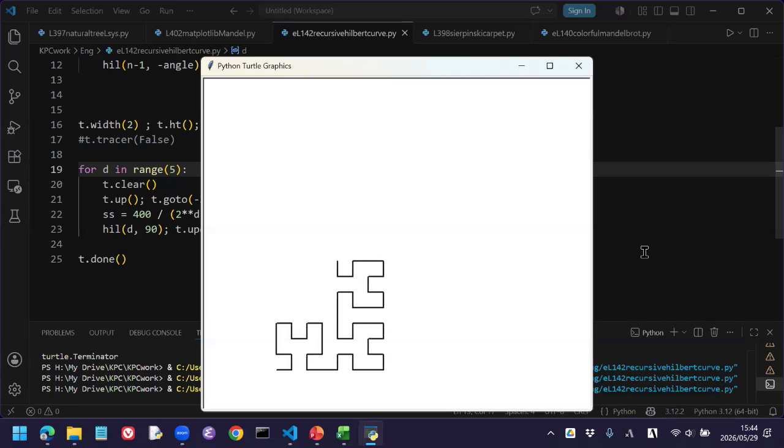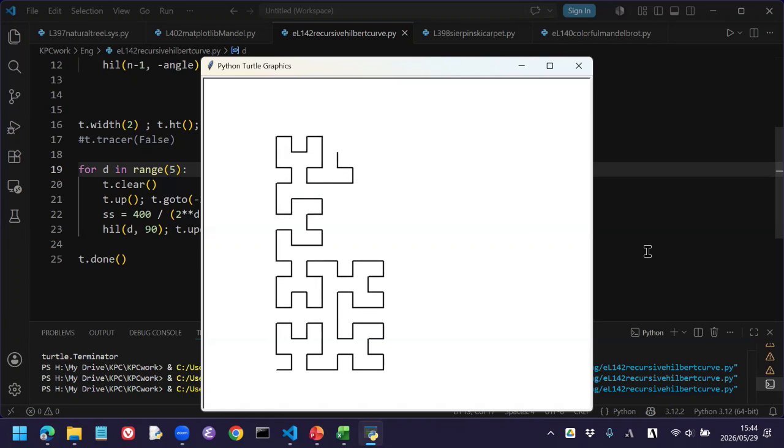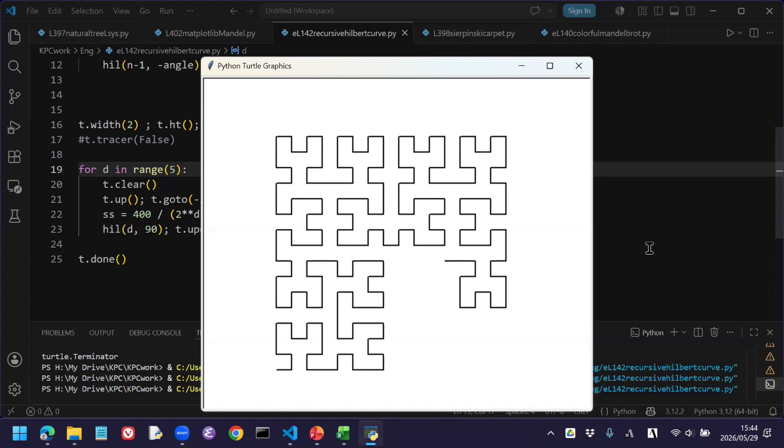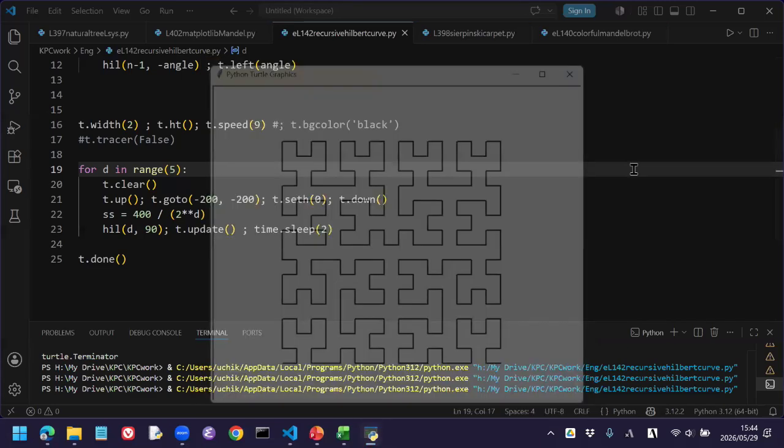Now it's working very diligently from left bottom, left up, and then left top goes to the right side, from upper left to lower left, right. Good. I hope you like it. It's working very well.